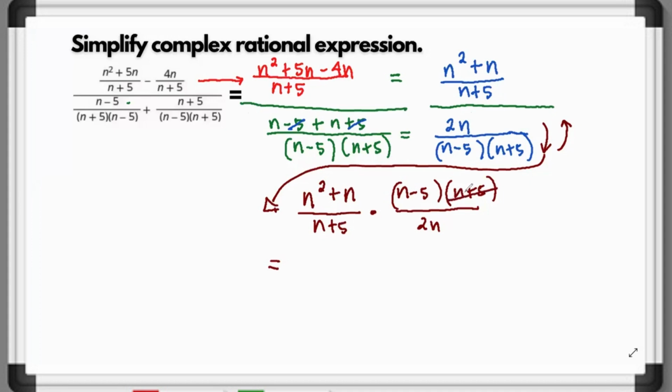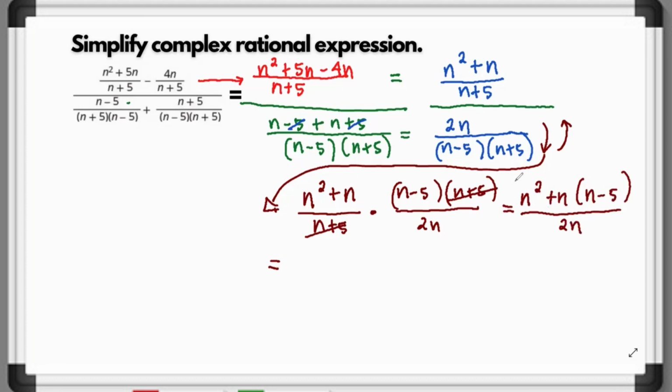Oh, let's cancel. Let's now proceed. Copy the remaining expressions. n squared plus n times n minus 5 over 2n.